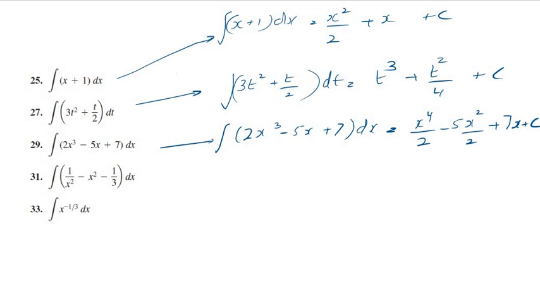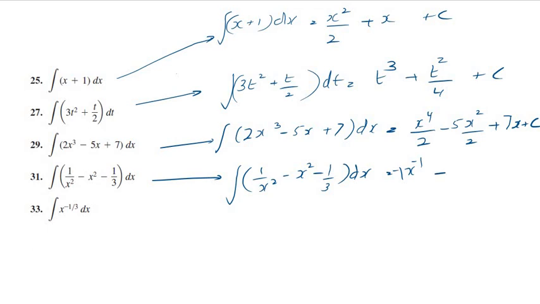The next question, integral 1 over x squared minus x squared minus 1 over 3 dx. What we do here is, this is x to the power minus 2, and when we add 1, we get x to the power minus 1, and we multiply it by that value as well.